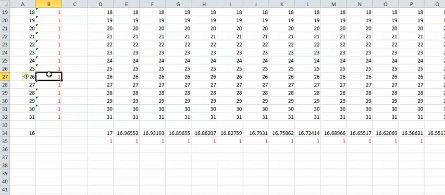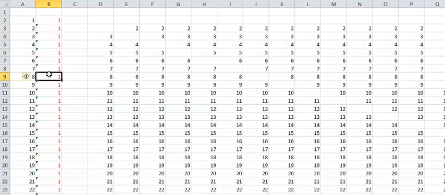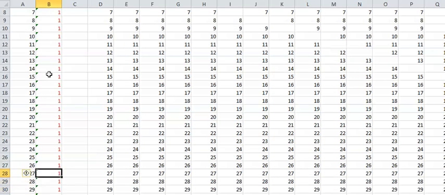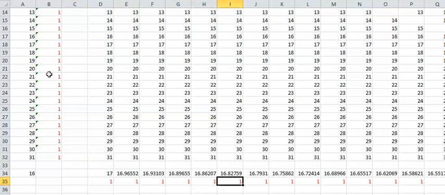What I've done now is I've entered the frequencies of all of the values in the population. It's just showing how many times that number has appeared, and it's showing the frequency of each value in the sampling distribution, which is row 34.